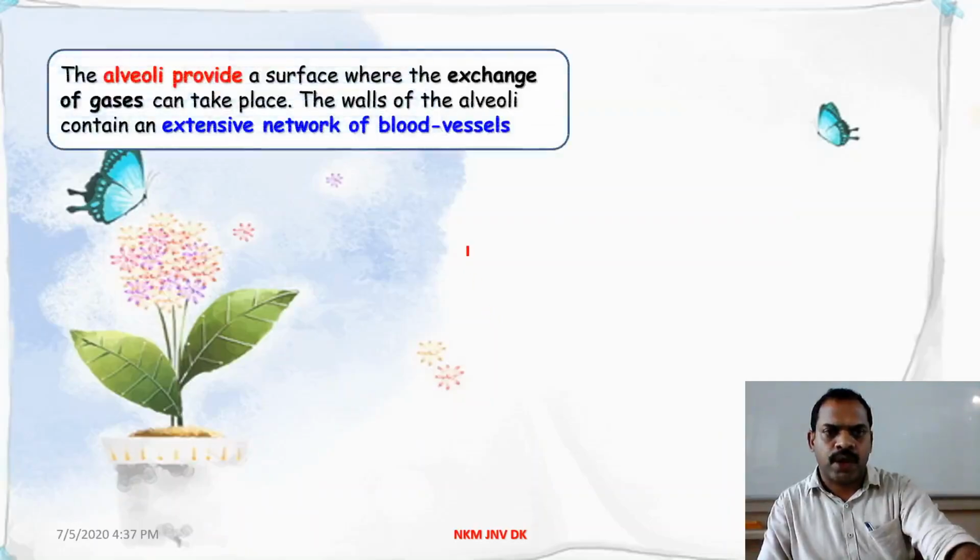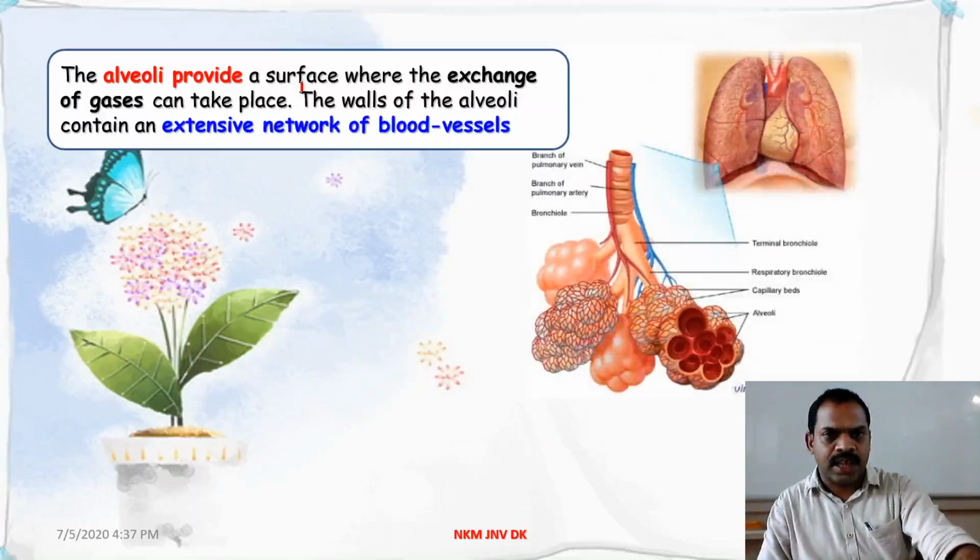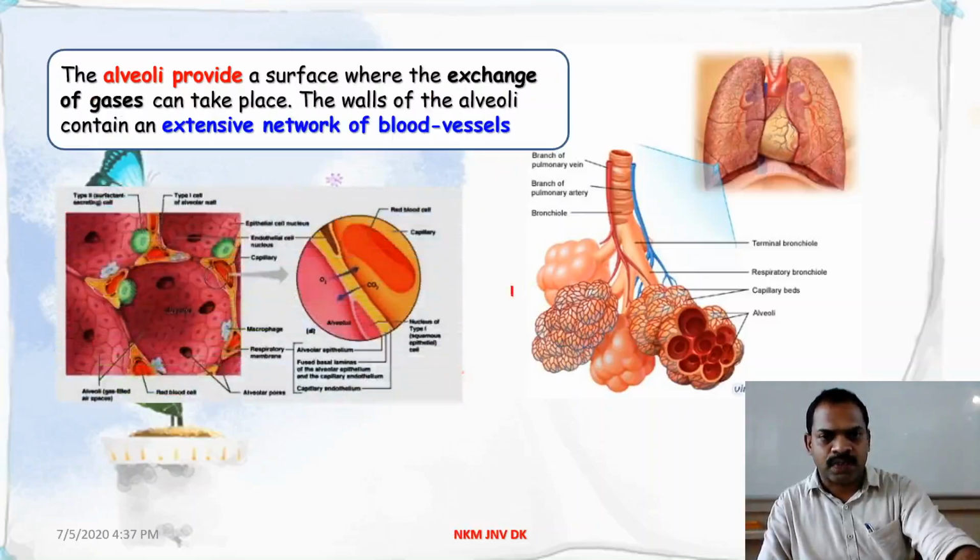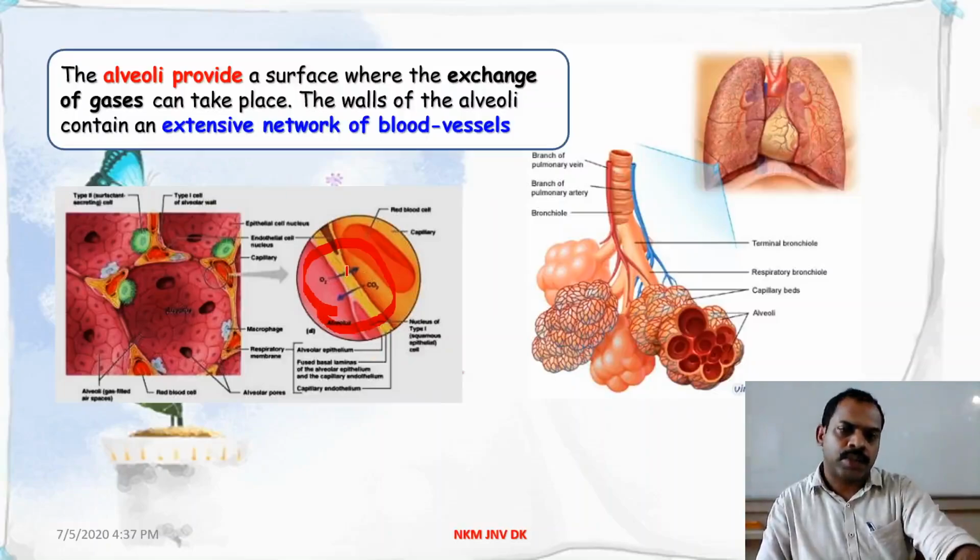So the role of alveoli, again I told you the same thing: surface area for exchange of gases, as it is very thin. As you see, the thin surface is the area for exchange; the gases are getting exchanged between the blood and the alveoli, as the membrane is very thin, squamous epithelium.